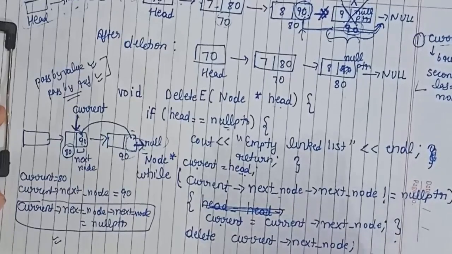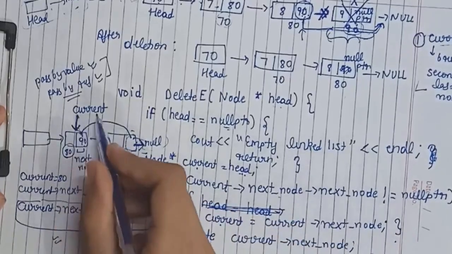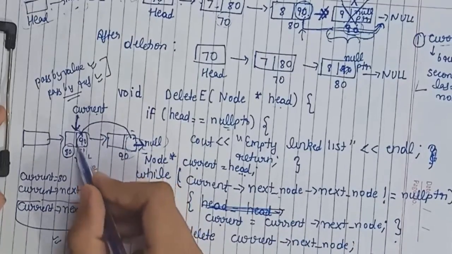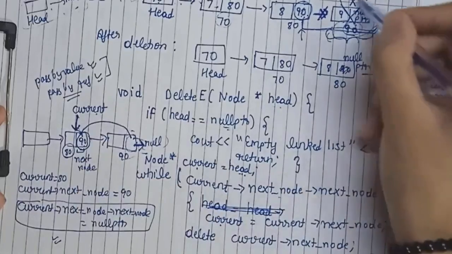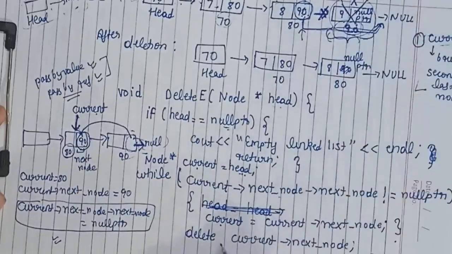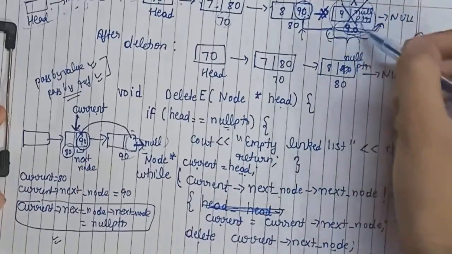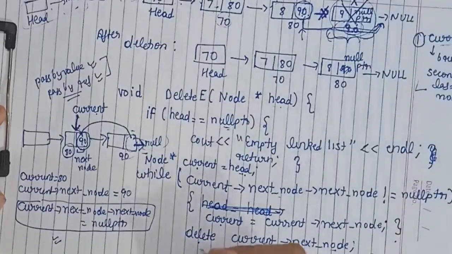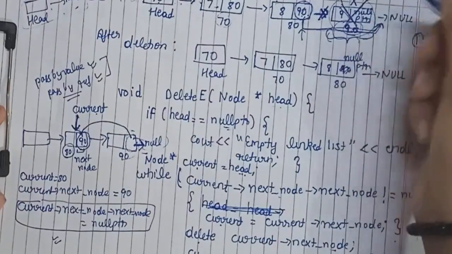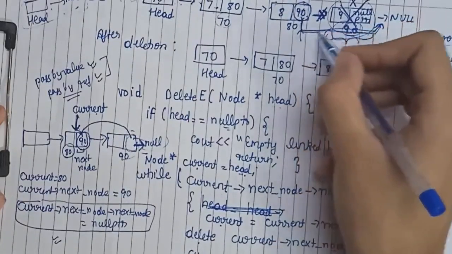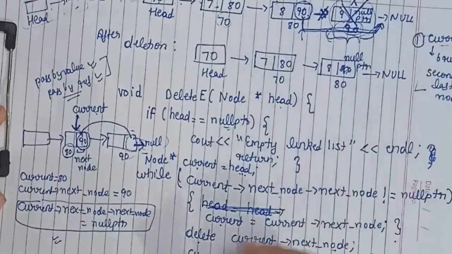So now you can note that the current's next node was the address 90, and the address 90 was this last node which we need to delete. So after this code line, this node will get deleted, and now the next step is to make this point to null pointer.